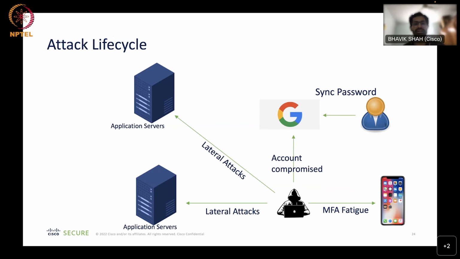The moment he got that, from his endpoint machine he downloaded some malicious scripts onto the user endpoint, the corporate laptop, and from there he started traversing different application servers in the same network. Maybe he ran different Nmap tools to understand what services were running on different application servers. Once he realized there were critical database servers, he tried to do lateral attacks on them.